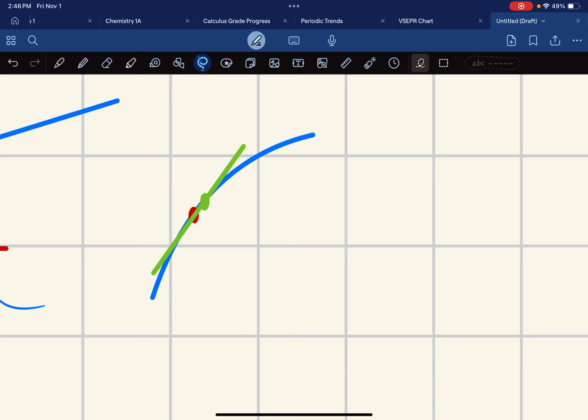So, from this concept, what we have established is that the closer the two points are that you pick, the closer your approximation is. And you're going to approach a certain number.